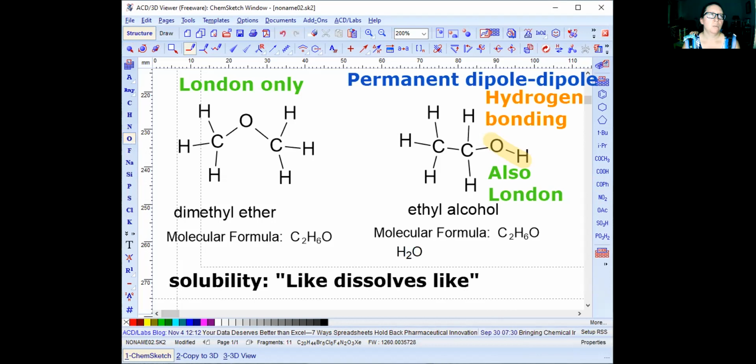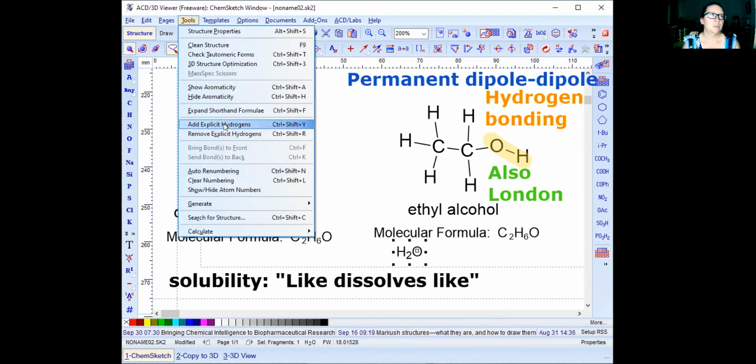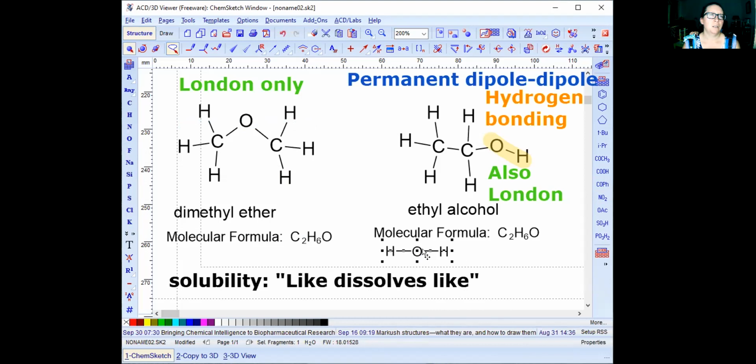So if we look at the water molecule and we actually add the explicit hydrogen so that we see how it looks, we see that the water molecule has this OH group very similarly to the ethyl alcohol. So when we have a molecule that has an OH group, and it shares that OH group in common with the solvent, then these two things would mix.